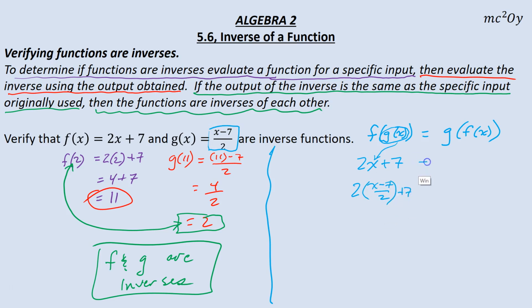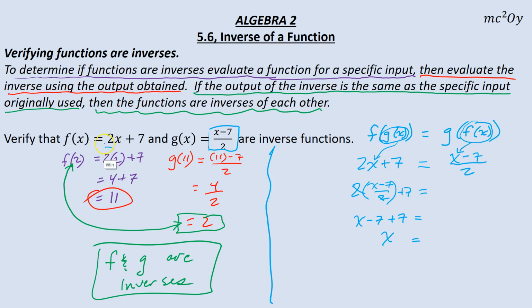Okay, and simplify that. Notice multiplying by 2 and dividing by 2, those two things cancel. I'm left with x minus 7 plus 7, which is just x. If that equals g of f of x, that means I'm taking my function g, x minus 7 over 2, and substituting in f for x.